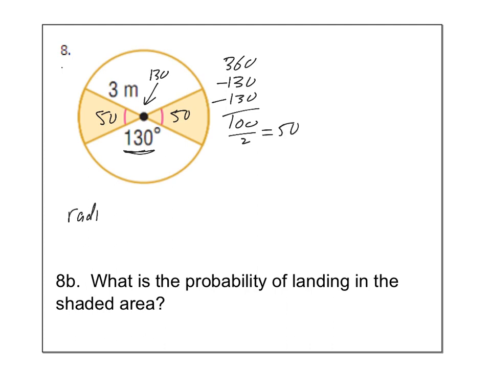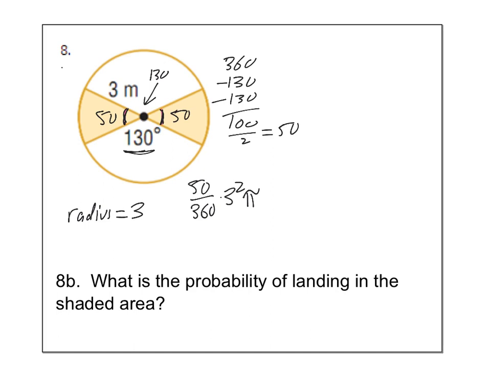My radius is going to be 3. So what I want is these two combined. So what I can do is take 50 over 360 times 3 squared pi.